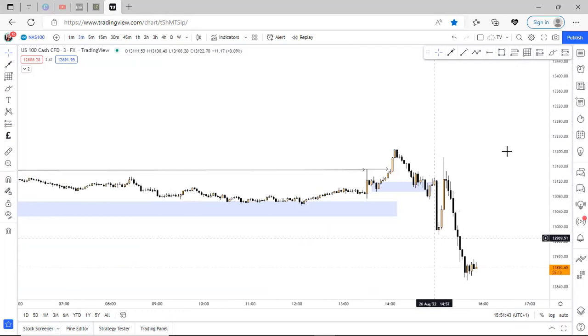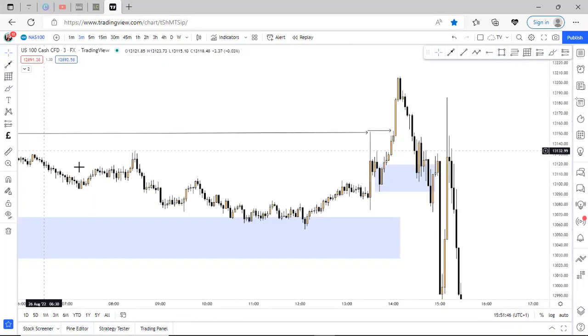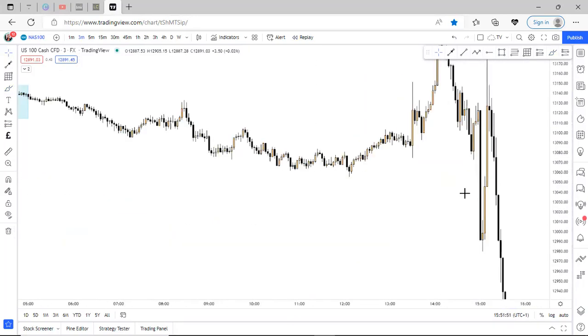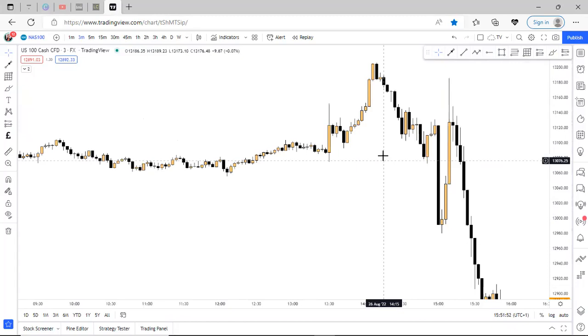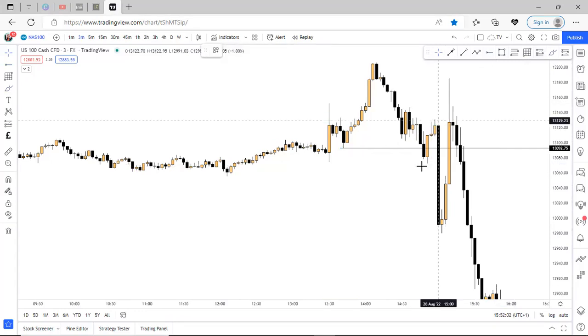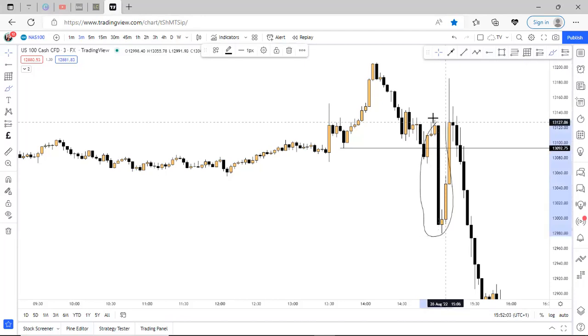So this is why, before you get into any trade, you should always have your stop loss set in all trades. Don't make the mistake of getting into a trade without your stop loss. Please don't do that, because as you can see right here, my stop loss was at this level. The market pushed up and you can see this massive drop. Imagine how much would be gone from your capital if you didn't have your stop loss right here.